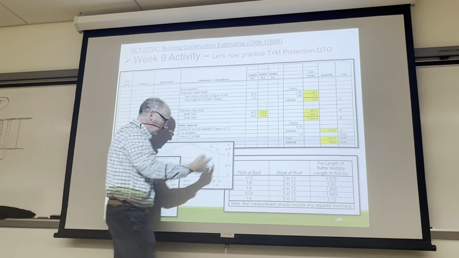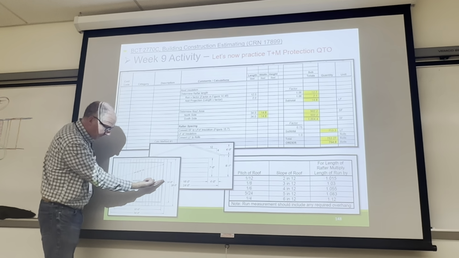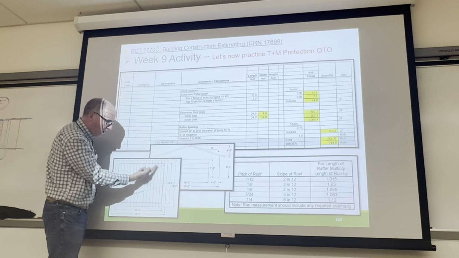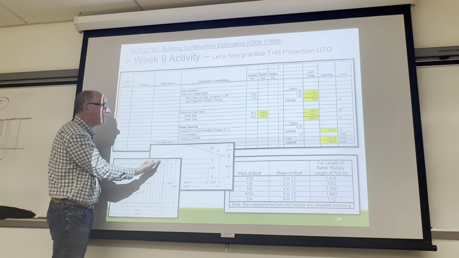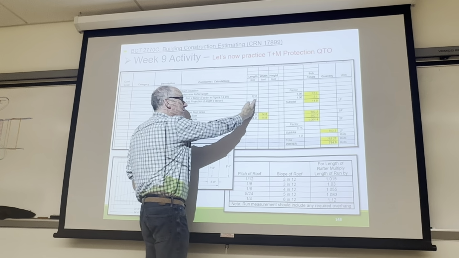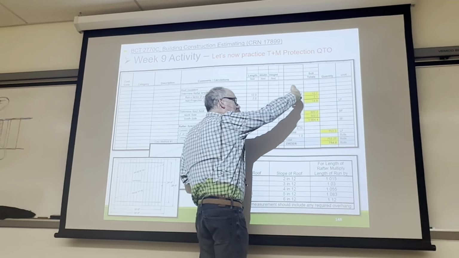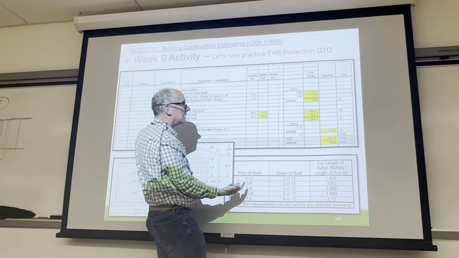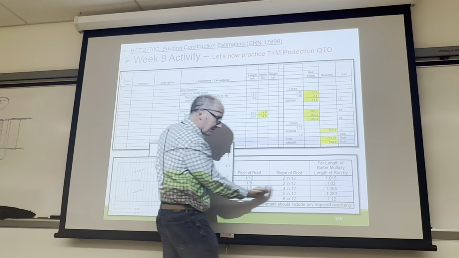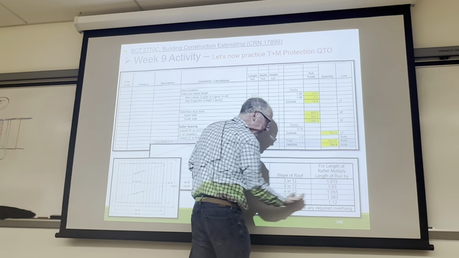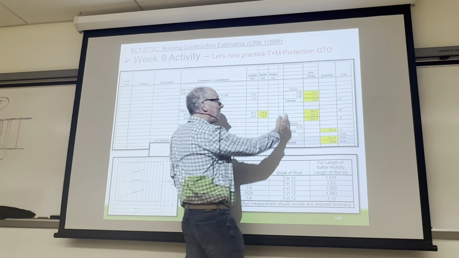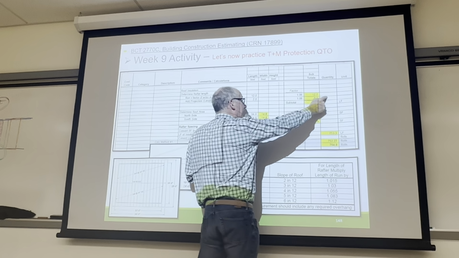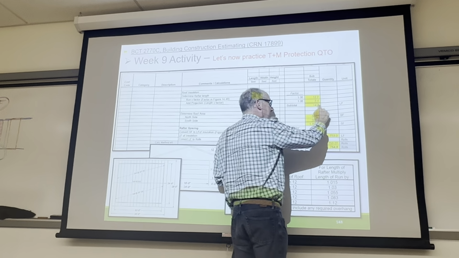Well, it's 12 feet from the ridge to the wall. Half of 24 is 12, plus the projection of 2 feet. Both are applied with a factor of 1.055, giving us the true length.